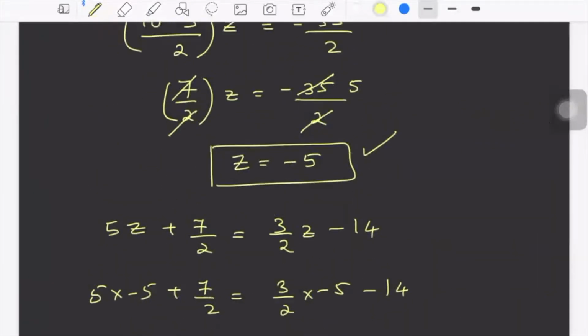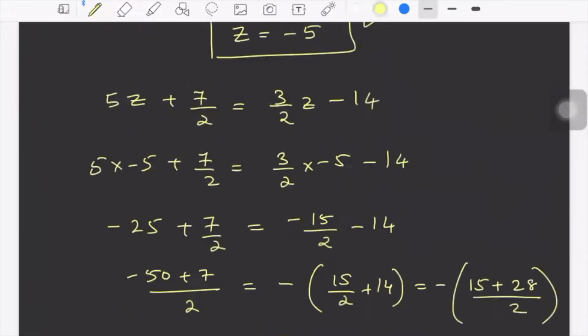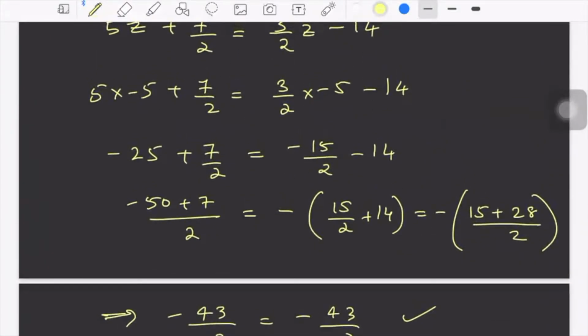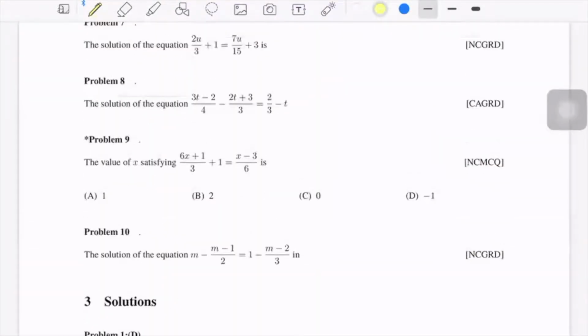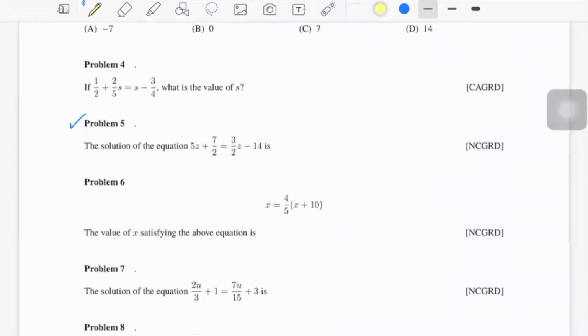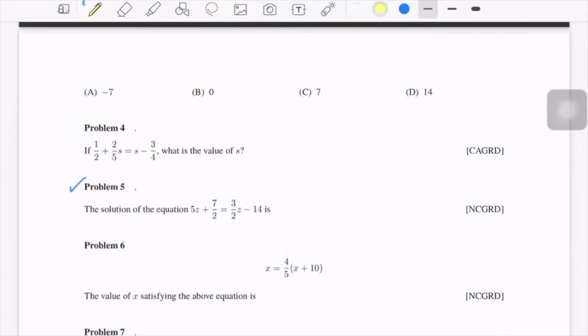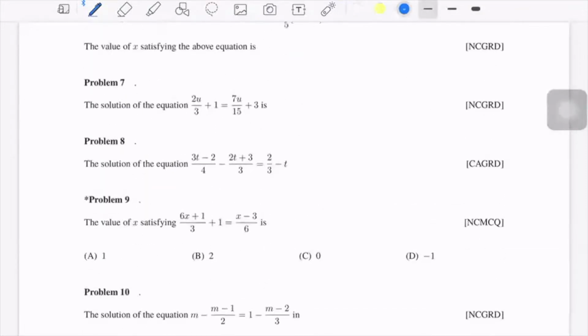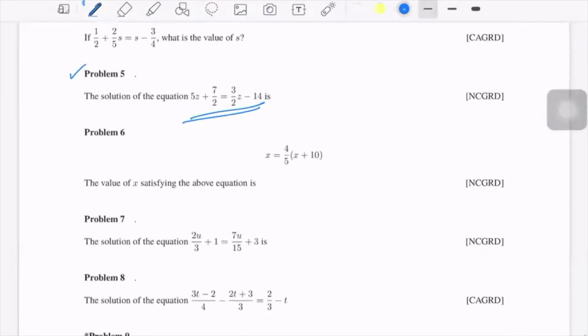And I've told you one more thing. This is fine, right? Now I've told you in the beginning itself you could have got rid of the fractions. How can you get rid of the fractions? You multiply the entire expression with the common denominator, the lowest common denominator you can think of.